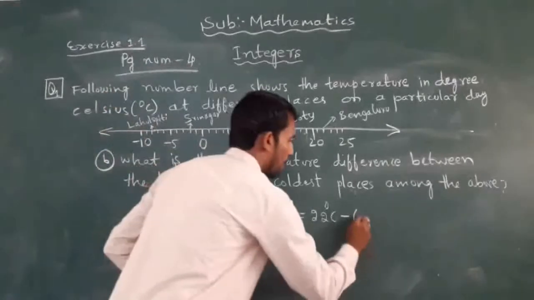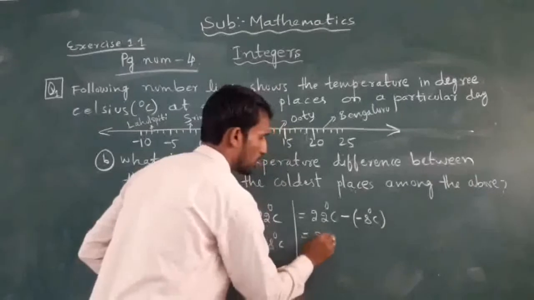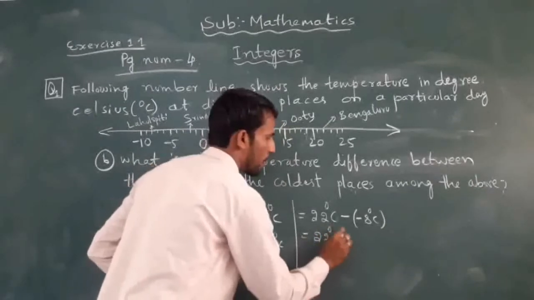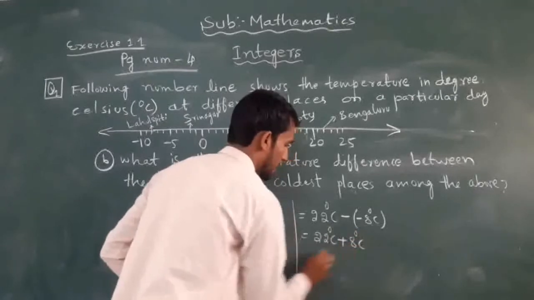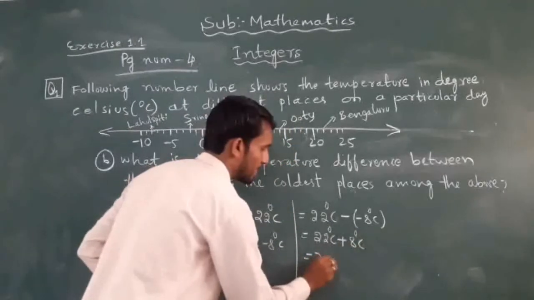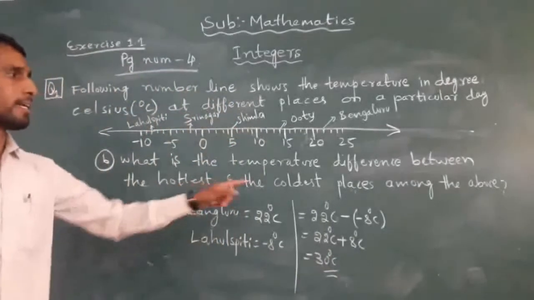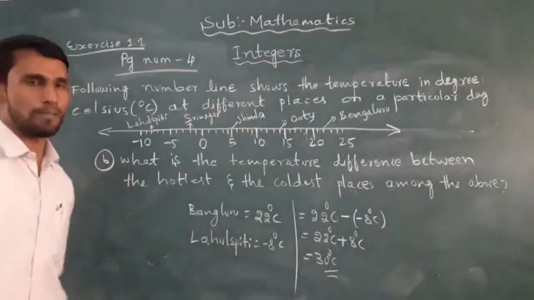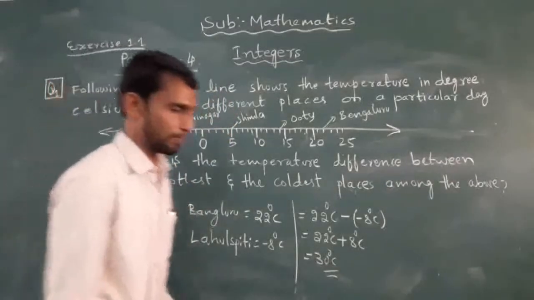See here, 22 degrees Celsius minus minus 8 degrees Celsius, minus into minus plus, 22 plus 8 degrees Celsius. Answer is 30 degrees Celsius is the difference between the hottest and the coldest places. Next, I am going to take the third part of this question.